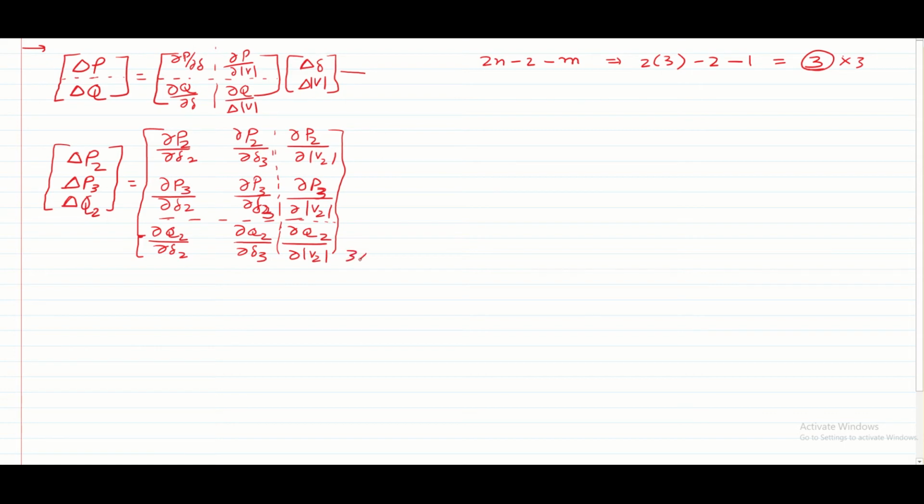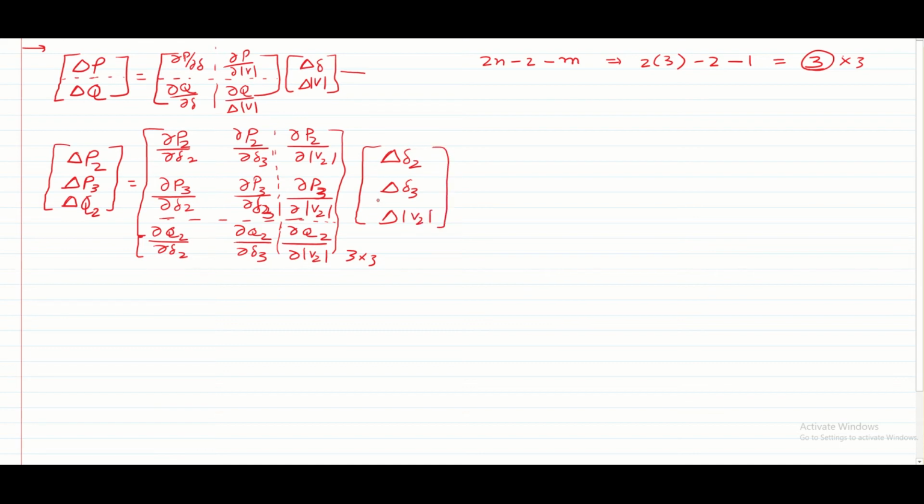So here the size of the matrix will be 3 cross 3, and the second matrix at the right hand side has delta 2, delta 3 and delta V2.